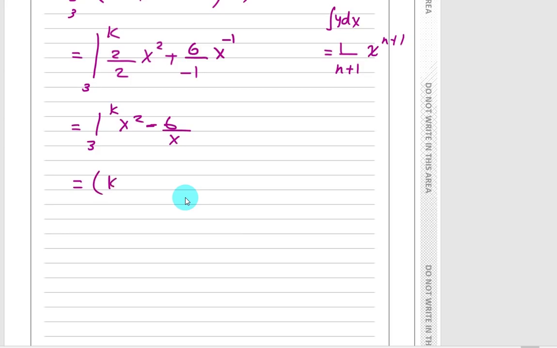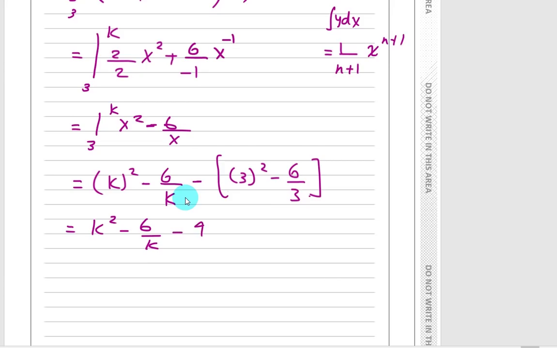So k² - 6 divided by k, minus 3² - 6 divided by 3. So it equals k² - 6 divided by k - 9 + 2. So it equals k² - 6 divided by k - 7.